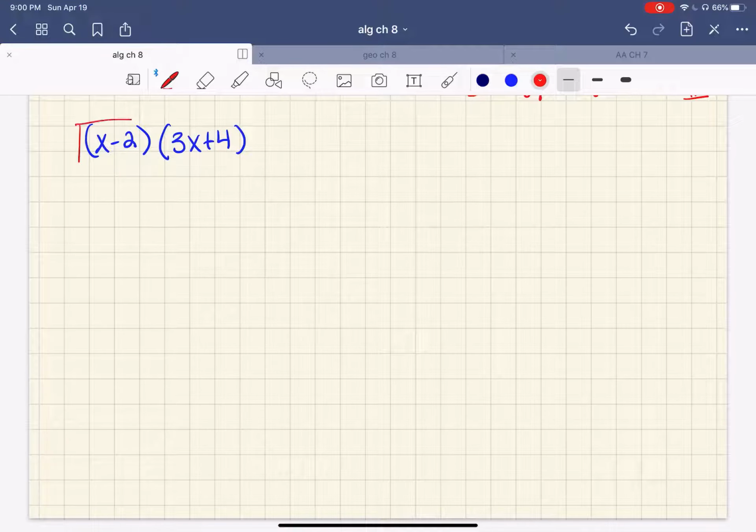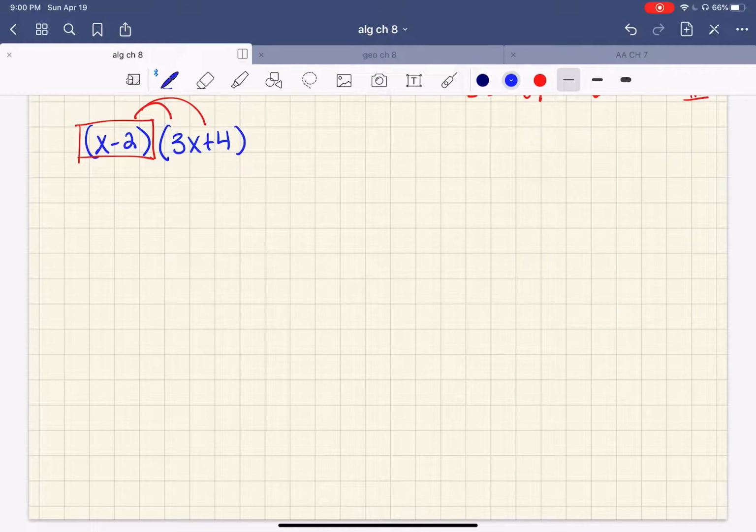Okay, so I'm gonna package up my x minus 2, make it ready for travel, and distribute. So I get, this time, I'm going to put the 3x out in front of the x minus 2. You're just multiplying them together. It doesn't make a difference.